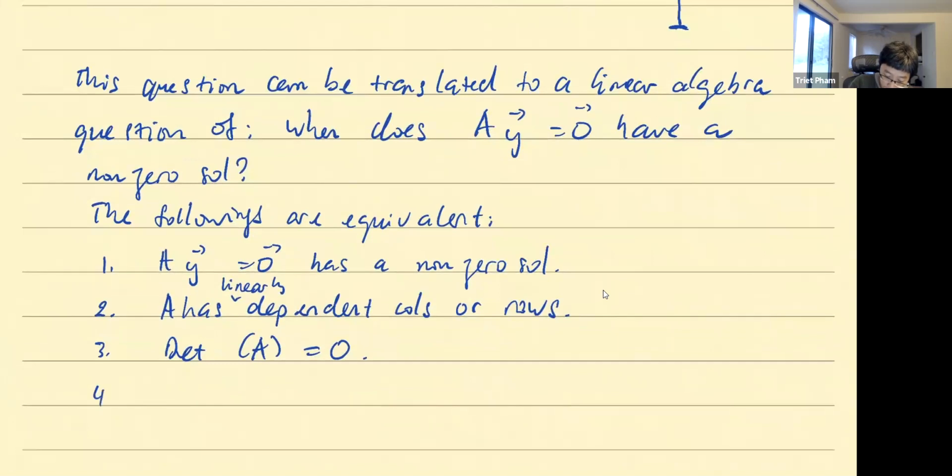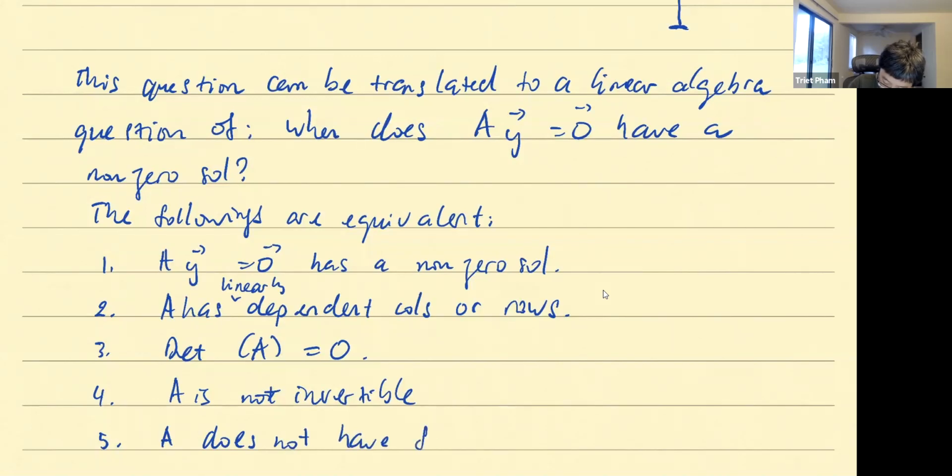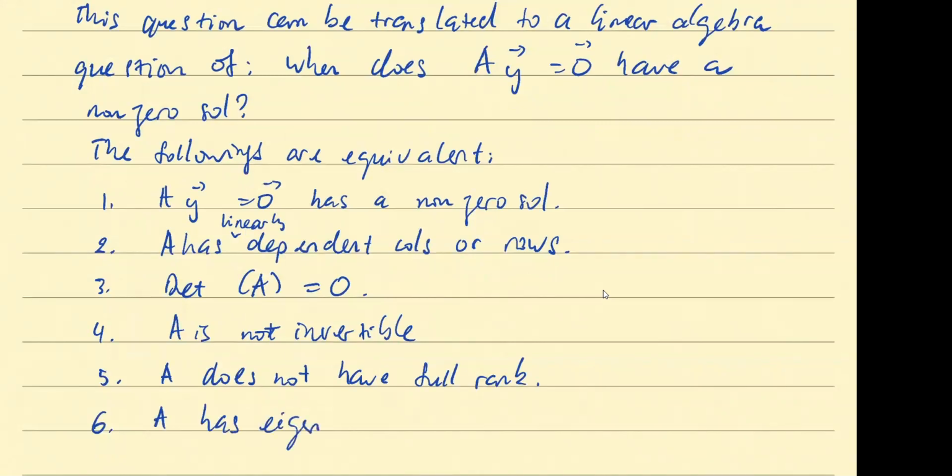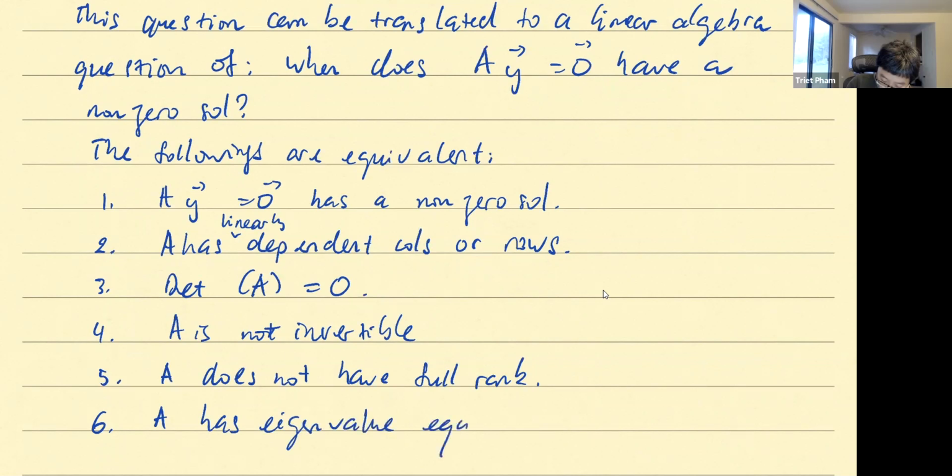Anything else? 4, A is not invertible, or A is singular. I guess not invertible is the more popular choice of word. 5, A does not have full rank. 5 is not used so often, but it's the same thing as this actually. 6, A has an eigenvalue equal to 0.